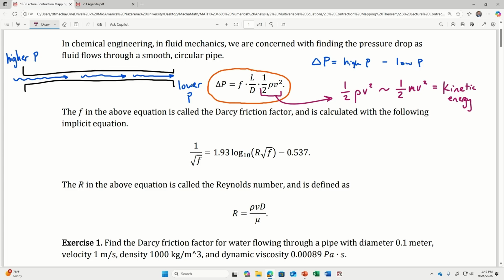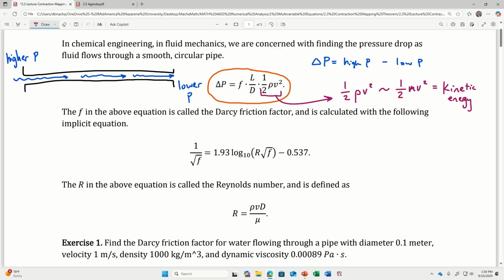Kinetic energy is like the antiderivative of momentum, because momentum is mass times velocity, right? Take the antiderivative with respect to velocity and you get 1/2 mv squared, kinetic energy. Well, this is not a solid object moving through space, but a fluid, so we use density instead of mass, and we get 1/2 rho v squared for the kinetic energy of this fluid.